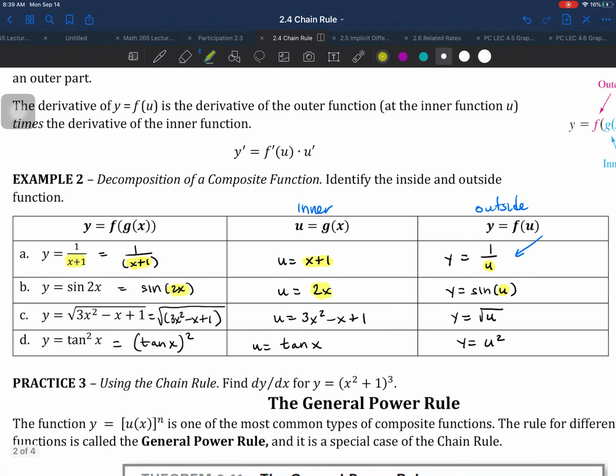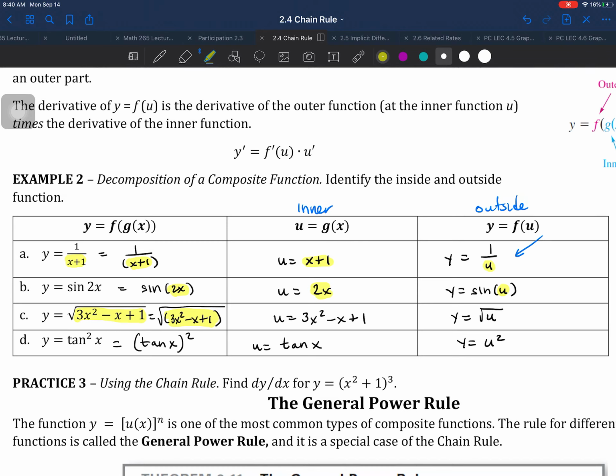Let's look at this one right here. So here we have a square root function. If you hear what I said, this is overall a square root function. So that means that the inside of the square root is this, and I'm putting it in parentheses to make it more obvious, right? If I let u be 3x squared minus x plus 1, that means the outside function will be this square root function.